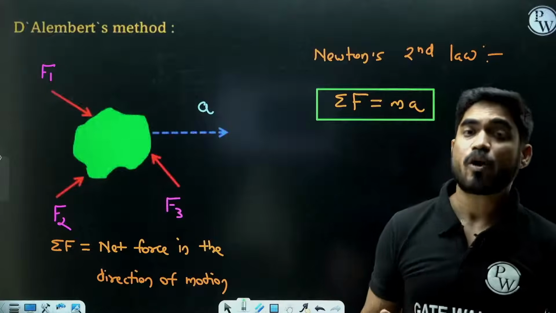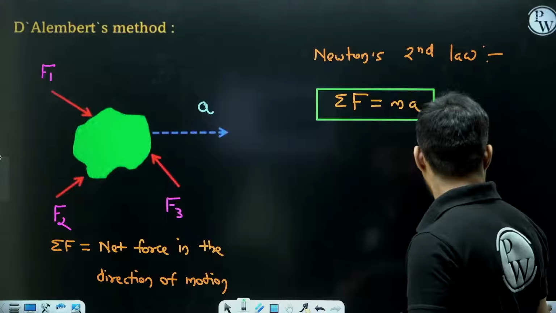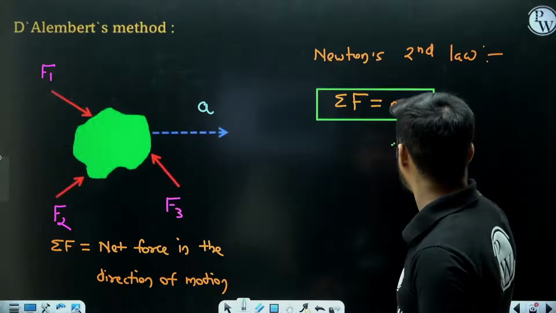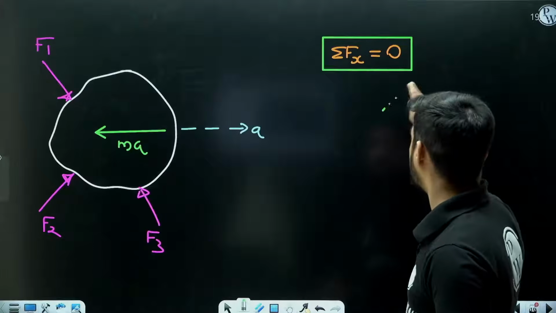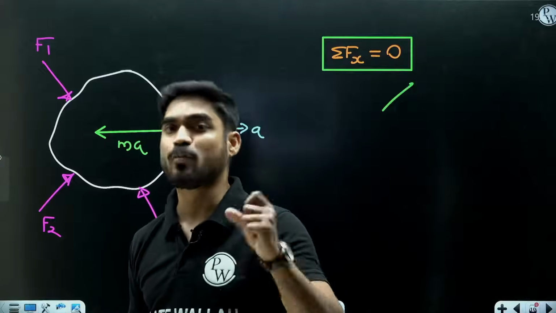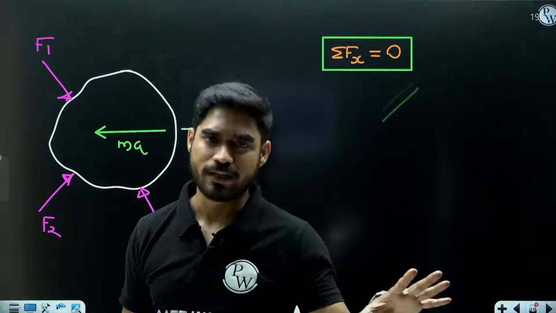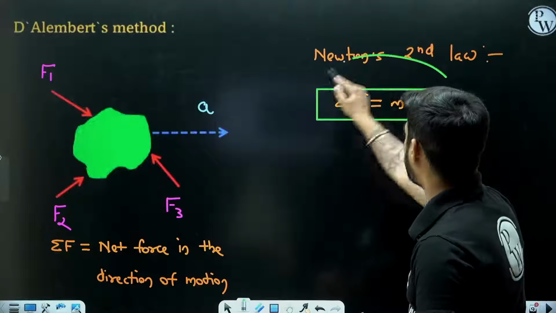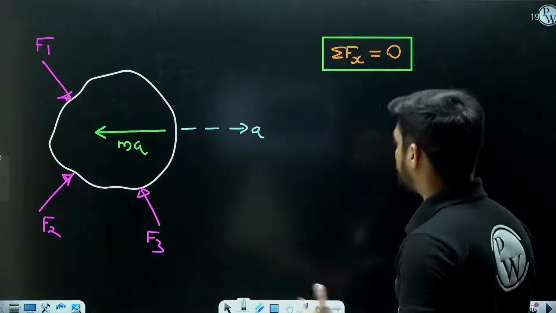But in some problems, you will have to use D'Alembert's method. You will not be able to use Newton's law. Those problems we will see in kinetics of rigid bodies. Here you don't need to worry. Here you can apply Newton's law, summation of F equal to ma. You don't need to worry about this dummy force.